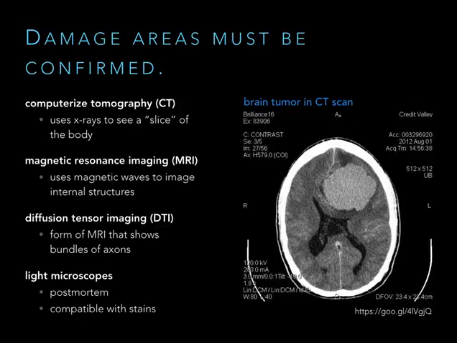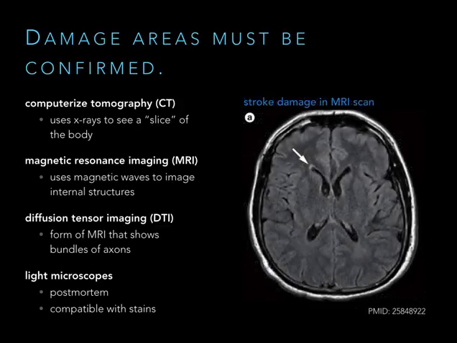MRI uses magnetic waves to look at the internal structures of the brain by generally following the movement of water. You can also see damaged tissue with MRI. So the lighter area that's highlighted with the arrow there is showing you fairly focal damage caused by a stroke.